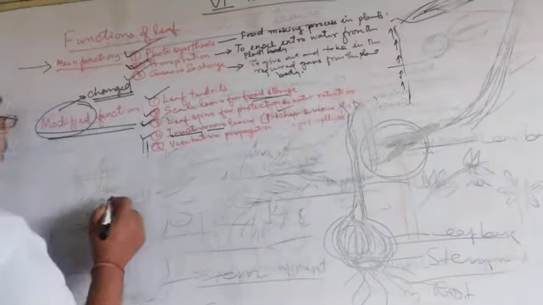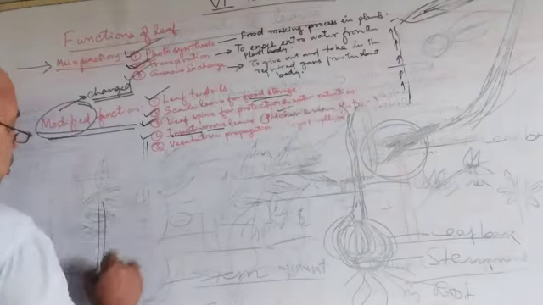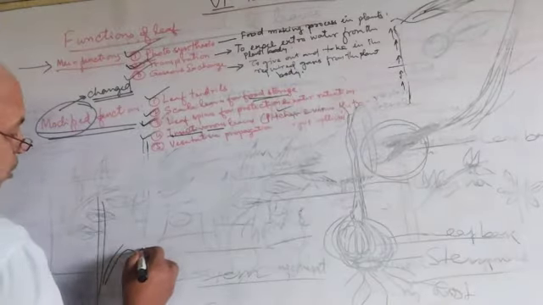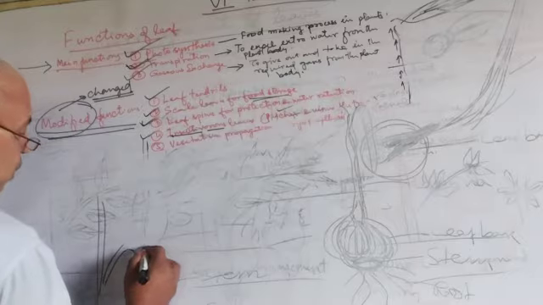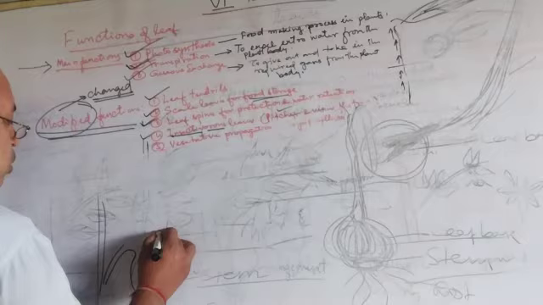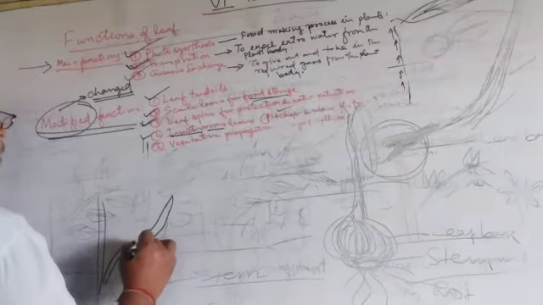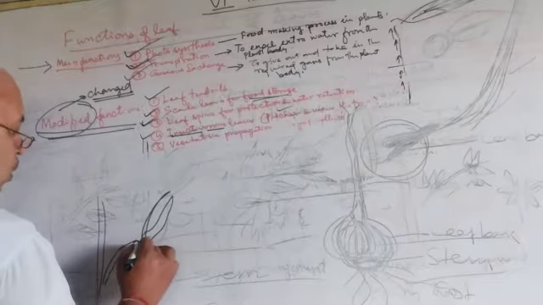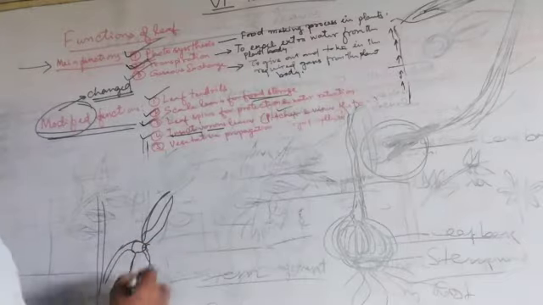You see some of the plant leaves. Suppose this is the plant. From this leaf base, it modifies into a pitcher-like structure. Can you see?